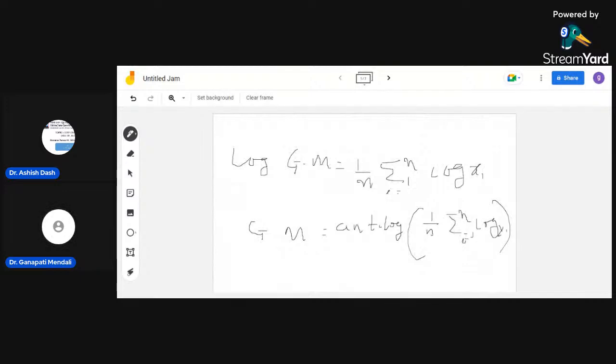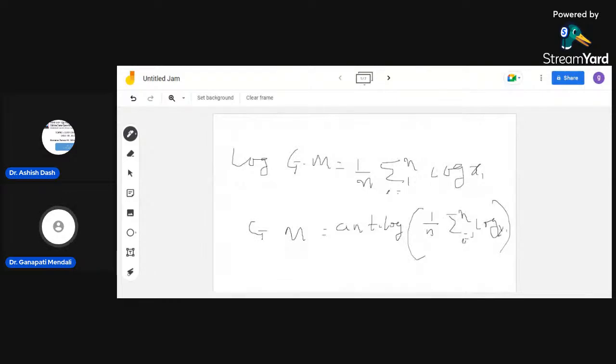The usage of the geometric mean will also come in the exam. It is basically used to find out the average percentage increase in sales or production or other economic and business series, and in index numbers. The geometric mean is considered the best average in the construction of index numbers, which we will discuss subsequently.